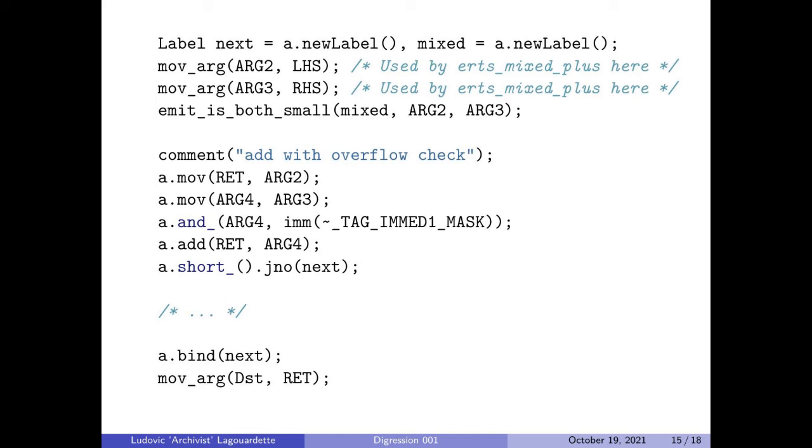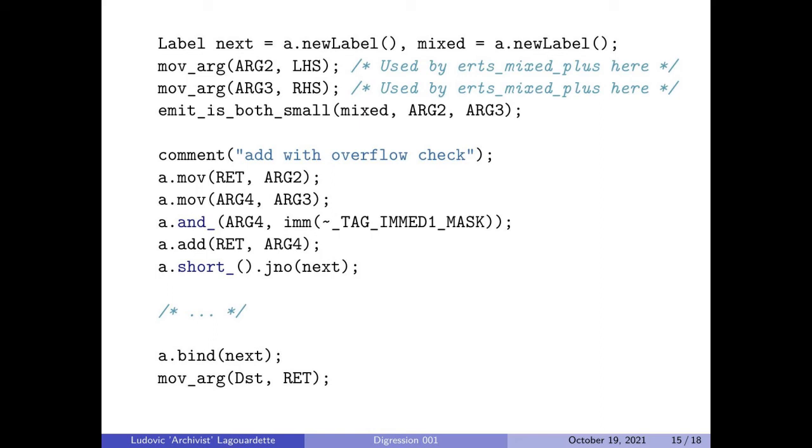We look if they are small enough, because if they are not small enough, you cannot do 32-bit addition on them, because the Erlang BEAM has big integers. And so you have a comment inserted in there to say that we are adding with overflow check.